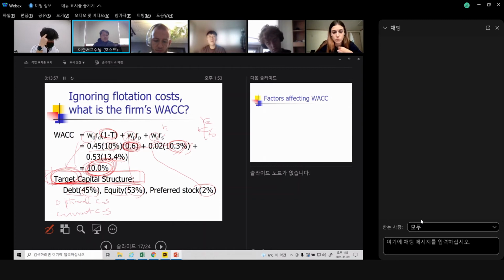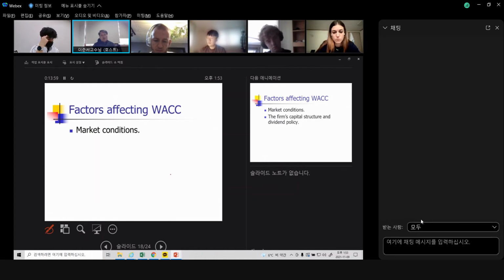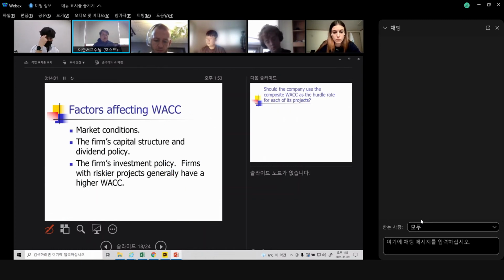Then the next topic is, what kind of factors affect the WACC? Some factors cannot be controlled, and some factors can be controlled, right? So the market condition, for example, cannot be controlled by us, but the firm's capital structure, dividend policy, or the firm's investment policy can be controlled by us.